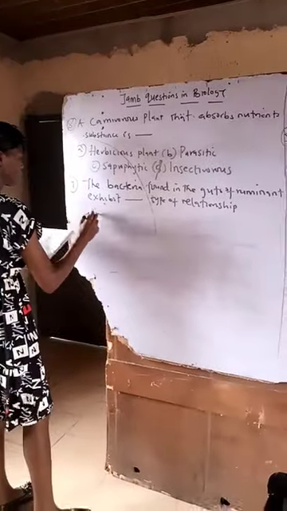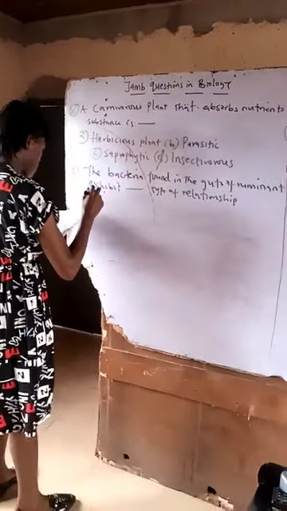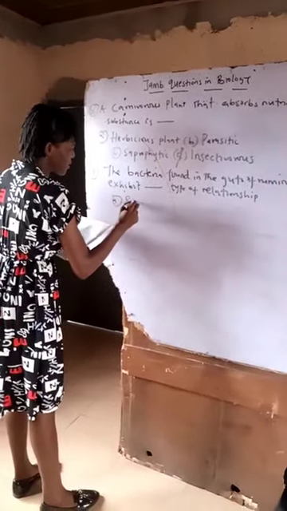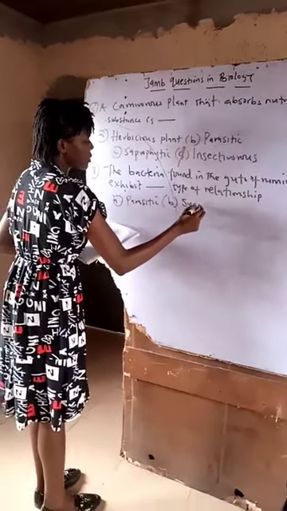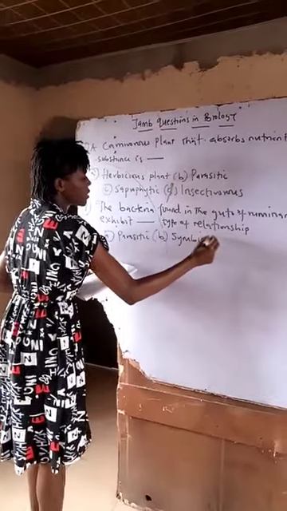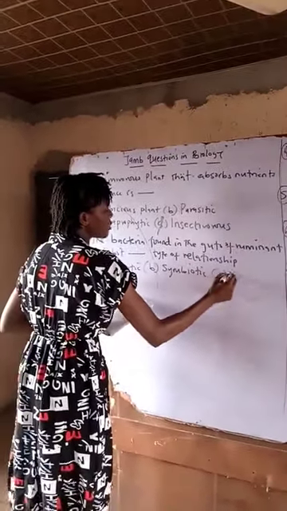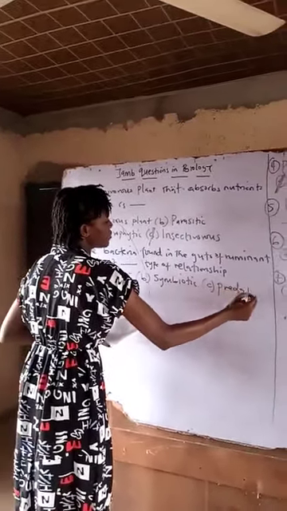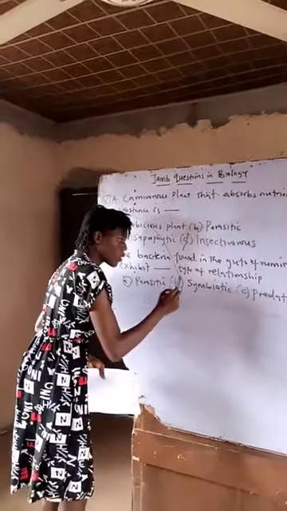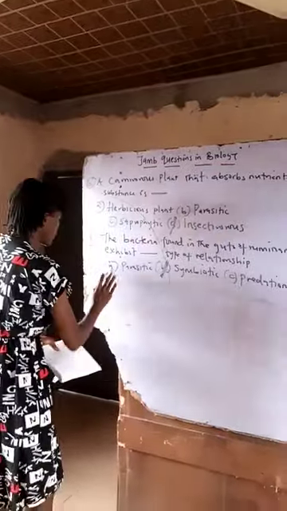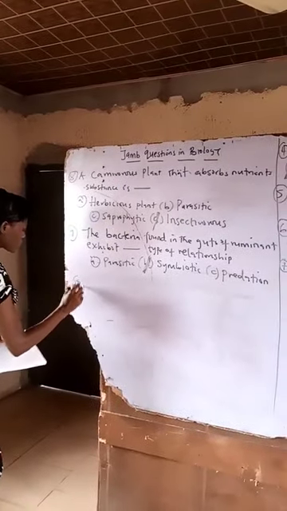A, parasitic; B, symbiotic; C, reduction. Please, the answer is what? Symbiotic, or symbiosis, was the relationship. The next question as well.